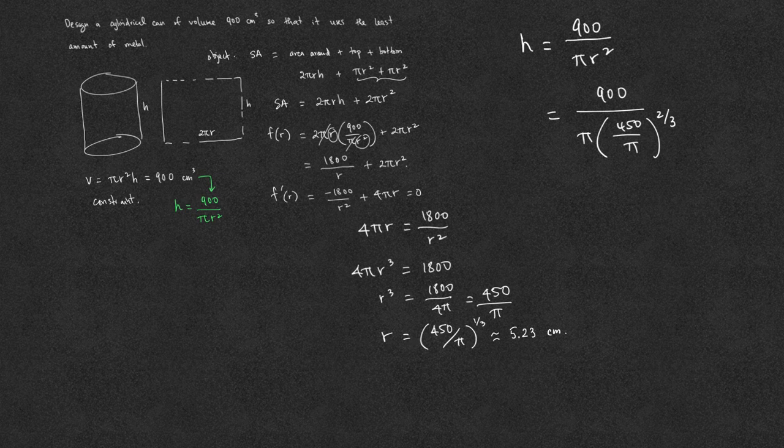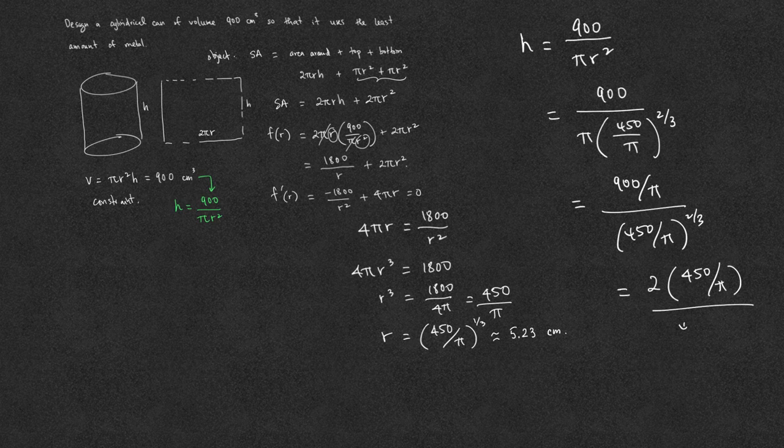We then manipulate this expression to write 900 over pi over 450 over pi to the 2/3. The numerator is 2 times 450 over pi, and the denominator is 450 over pi to the 2/3. And so this is 2 times 450 over pi to the power 1/3.